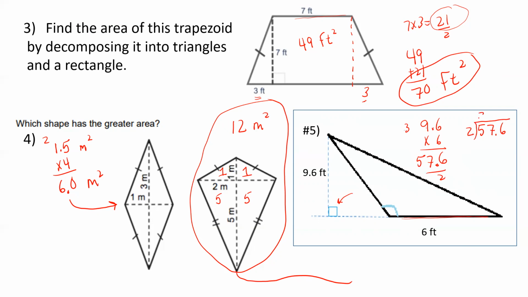So 2 goes into 5 twice. 2 goes into 17 8 times. 8 times 2 is 16. Subtract, bring down that 6, bring that decimal straight up, and 2 goes into 16 8 times again. So the area of this triangle is 28.8 feet squared.